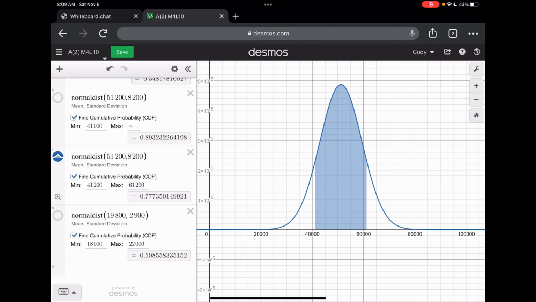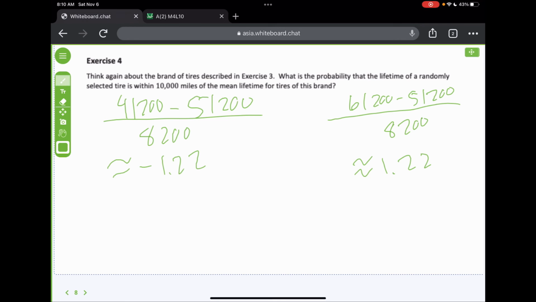To be within 10,000 miles of the mean, you would have about a 78% chance there, if you see that right there. Minimum of 41,200, maximum of 61,200. You got about a 78% chance. So let's write that. You have about a 78% chance.